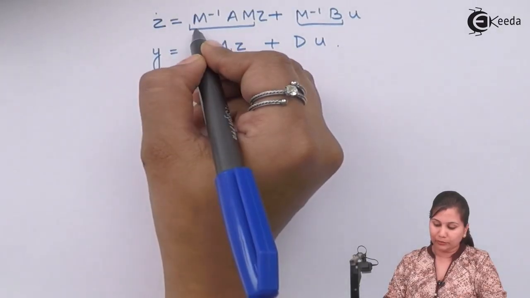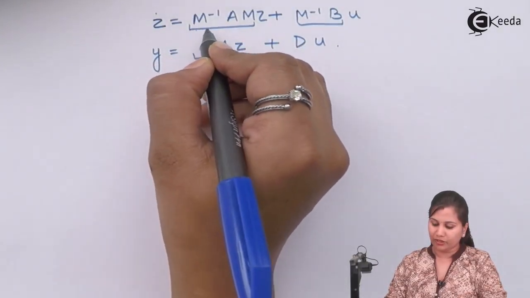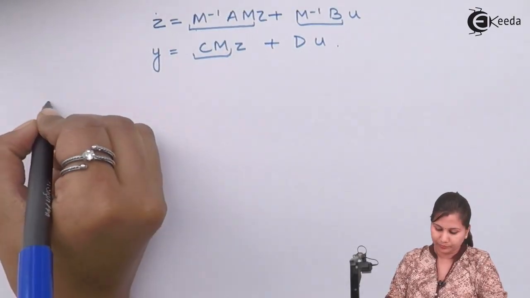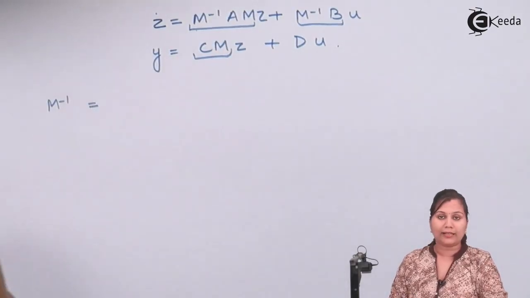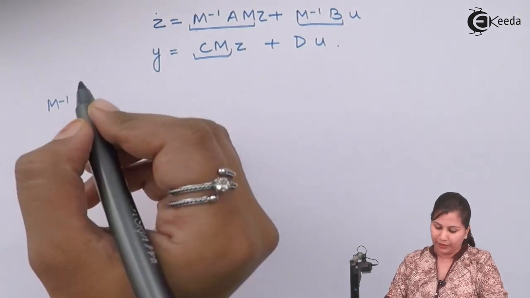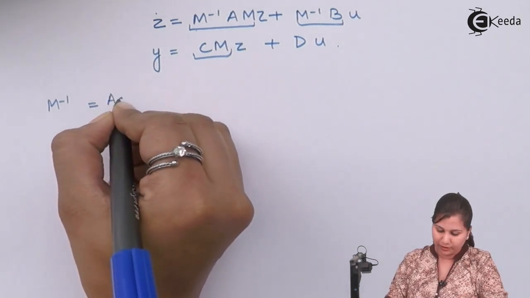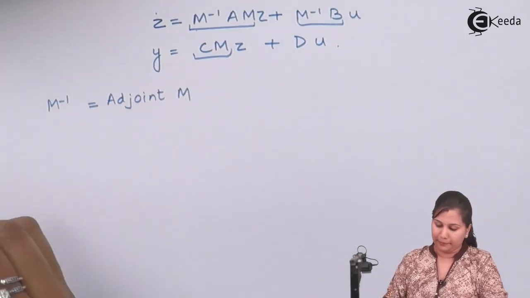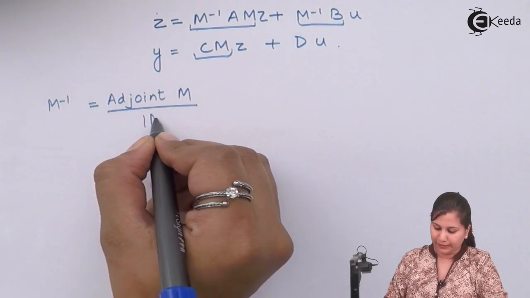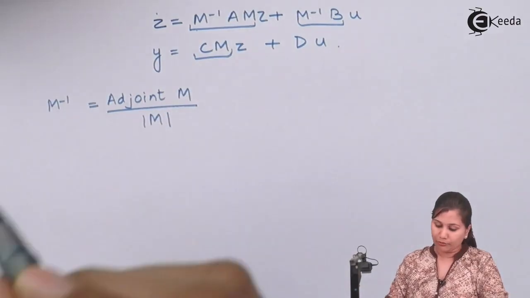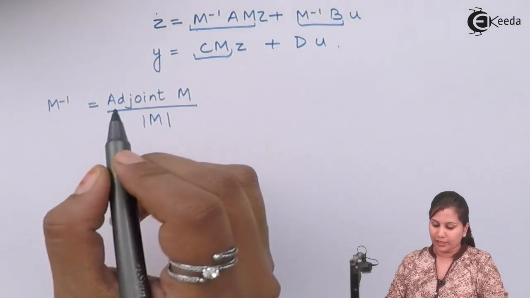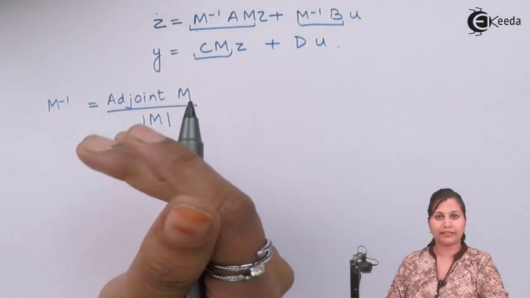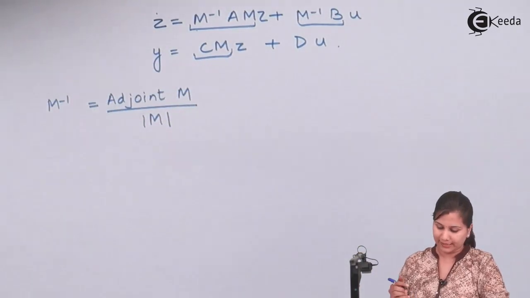So first we will calculate M inverse and then we are going to calculate M inverse AM. So for calculating M inverse, we have to divide the adjoint of the matrix M by the determinant of M. Now how to calculate the adjoint? Adjoint is the transpose of the cofactors. So first we will find out the cofactors of matrix M.